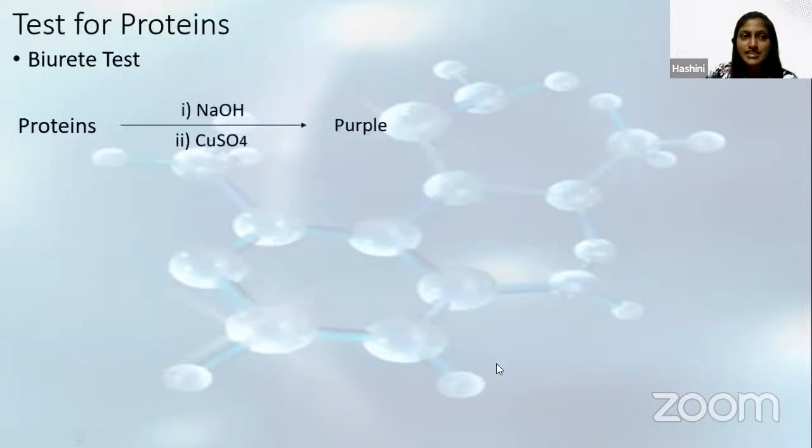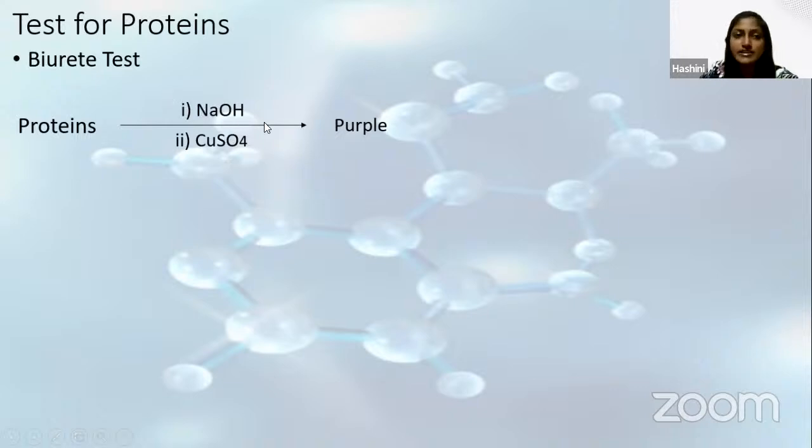Right. The next test, we call this test the biuret test. So what are the reagents we need to perform this test? We need sodium hydroxide and copper sulfate. So this is the biuret reagent, right? Sodium hydroxide and copper sulfate.